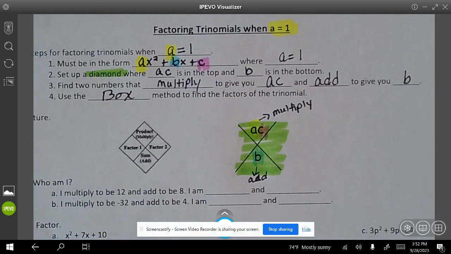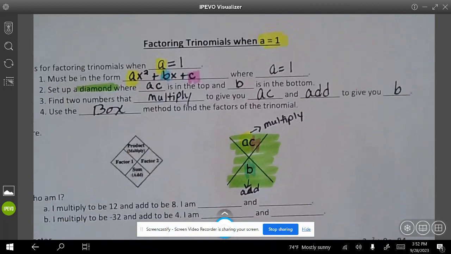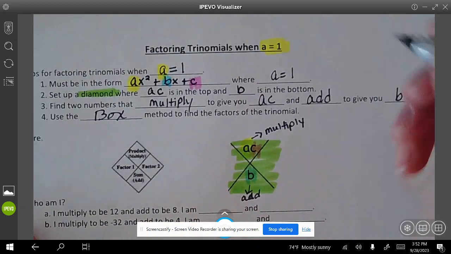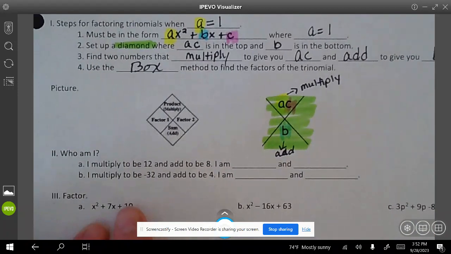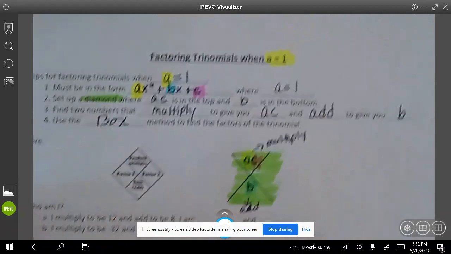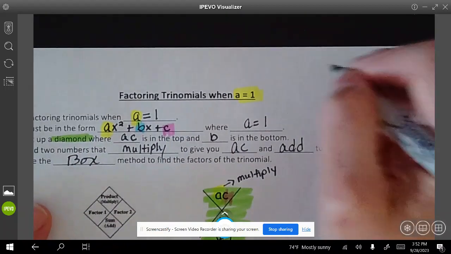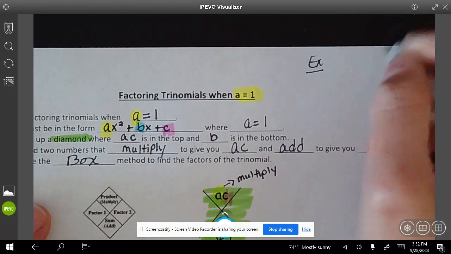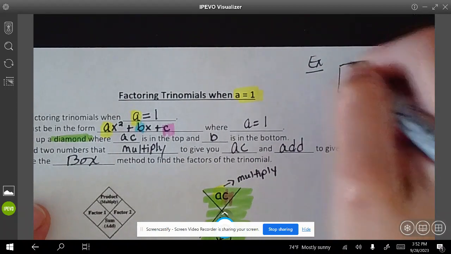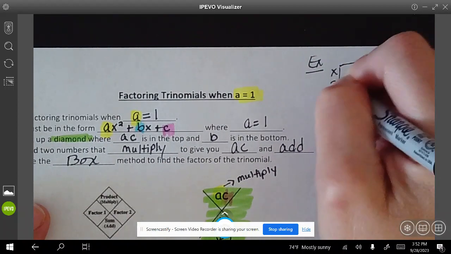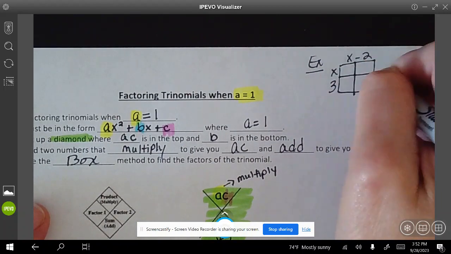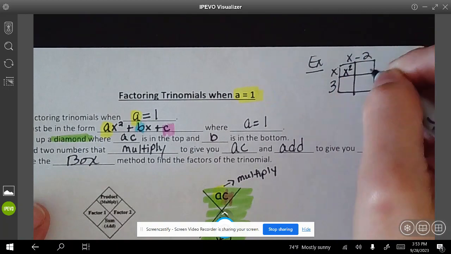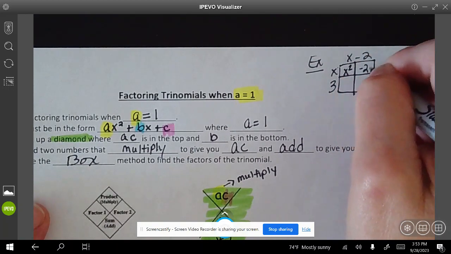Now, let's talk about what the goal is. The goal is to come up with what I multiply to get this. If you'll remember, an example might be if I were to say x plus 3 times x minus 2. Now we've been doing that. X times x is x squared. X times negative 2 is negative 2x.